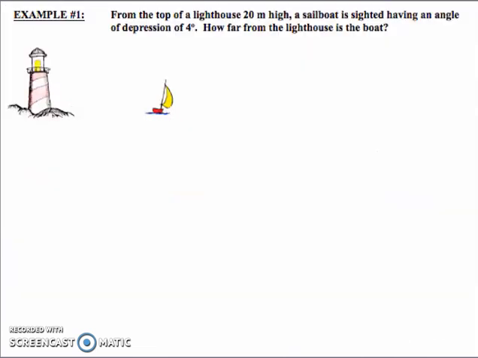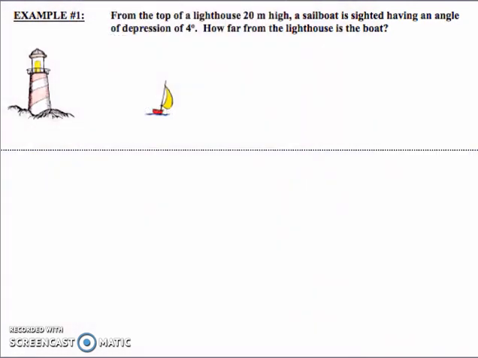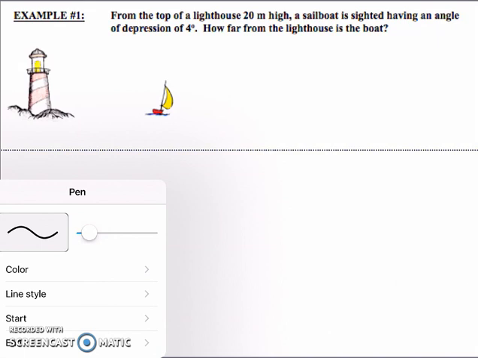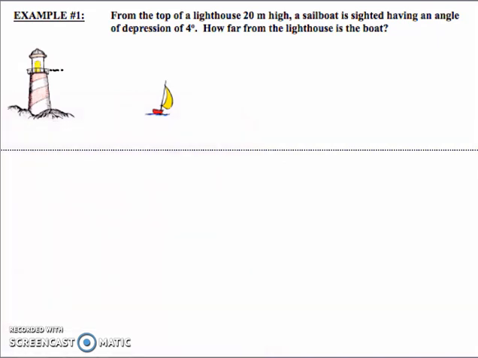So for our first example, it says from the top of a lighthouse 20 meters high, a sailboat is sighted having an angle of depression of 4 degrees. This isn't the best picture, I apologize, but if we look here, here's our horizontal line of sight going to the top of our sailboat there.